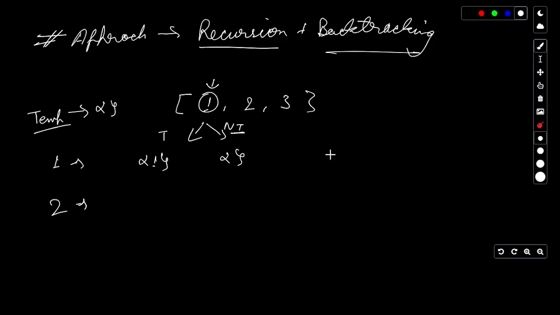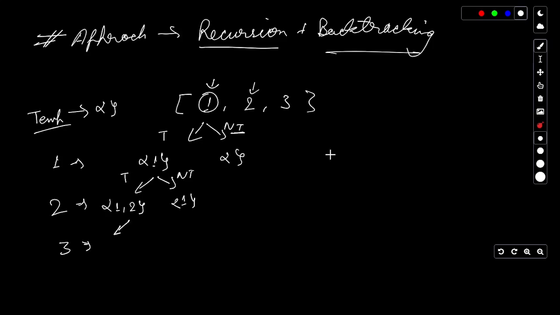At the second level, we are asked whether we want to take 2 within our subset or not. If we take 2, our subset will be this, and if we don't, it will have no change in its form.